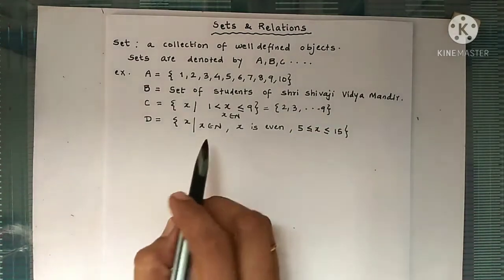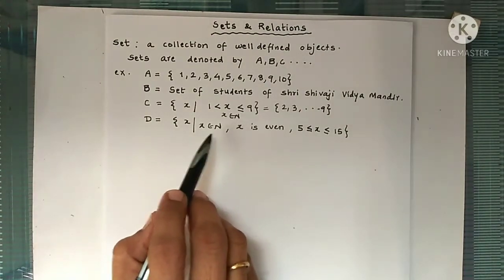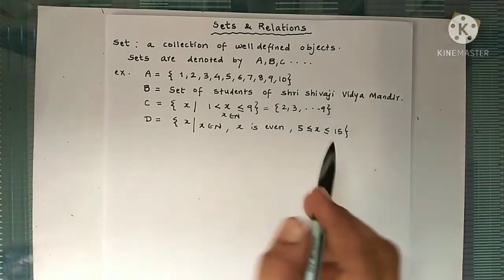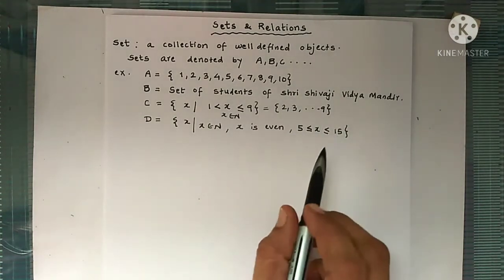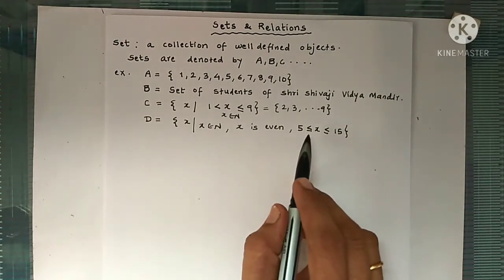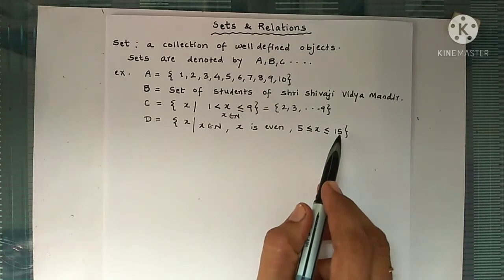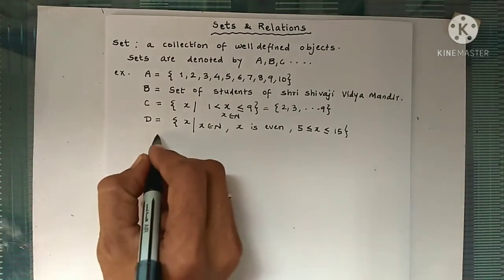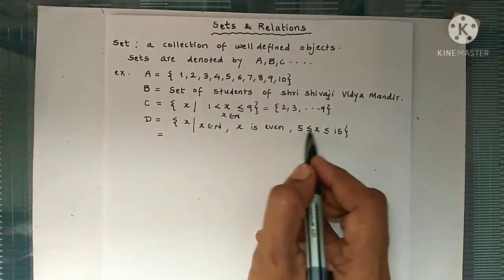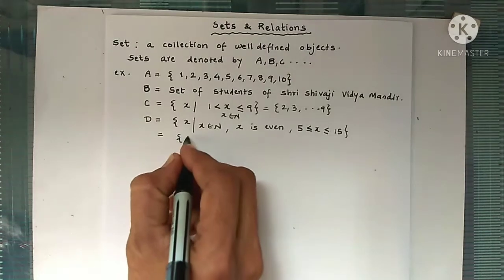In the next one, set D is given, x belongs to N, that means x is a natural number, x is an even number, and x lies between 5 and 15, including 5 and 15. We start with 5 and the numbers go up to 15, but we have to list only even numbers. Though 5 is included, 5 is not an even number, so we start with 6.